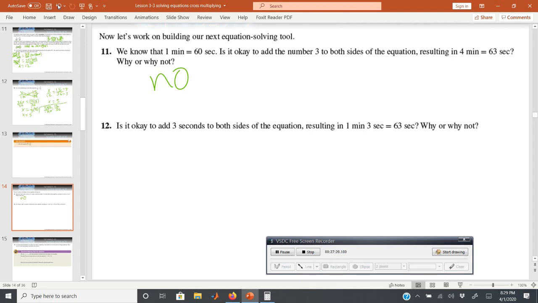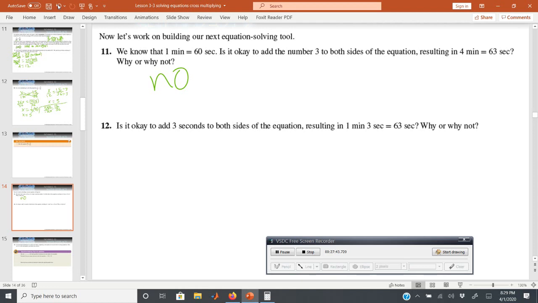Restart the computer now, restart the video when you have an answer to question 12. So is it okay to add 3 seconds to both sides of the equation, resulting in 1 minute and 3 seconds equals 63 seconds? Yes, that's correct. 1 minute and 3 seconds means 1 minute and 3 more seconds.